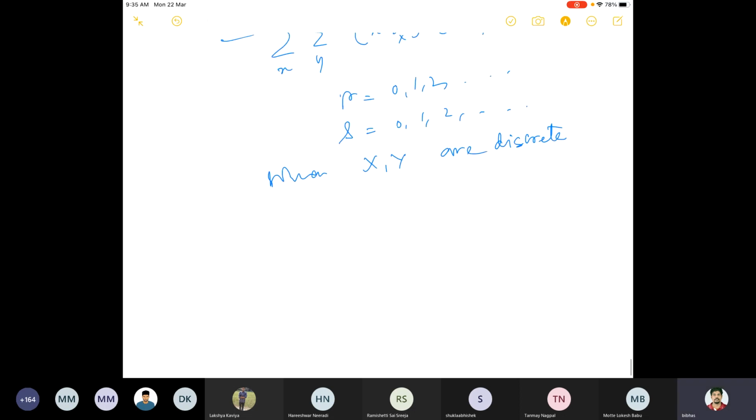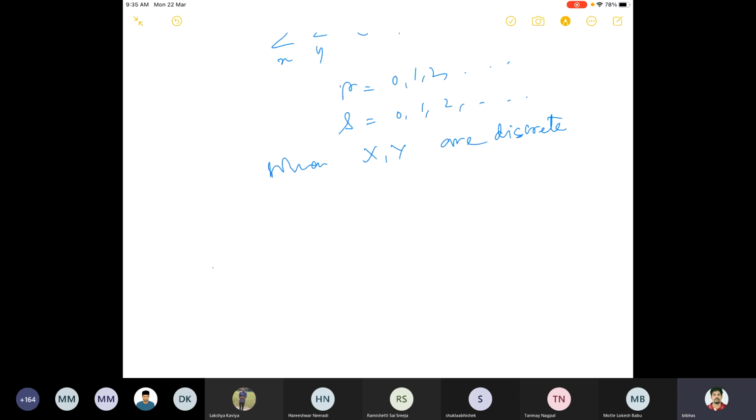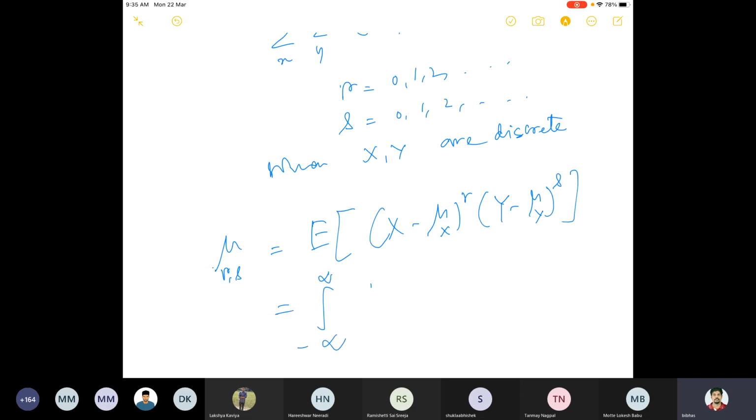And for the continuous case, the same definition, you just replace this summation by integration. So this is also the expectation of x minus mu x to the power r, y minus mu y to the power s, and this will be the integration from minus infinity to infinity, minus infinity to infinity, of x minus mu x to the power r, y minus mu y to the power s, f of x y, dx dy.